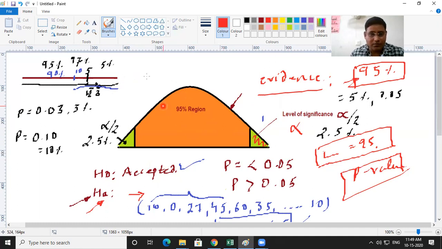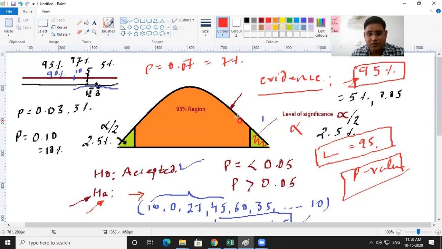Okay, now take one more example. Let us suppose the p-value I got is 0.07. I'll convert it to 7%. Now, what will happen to my level of confidence? Let me draw.